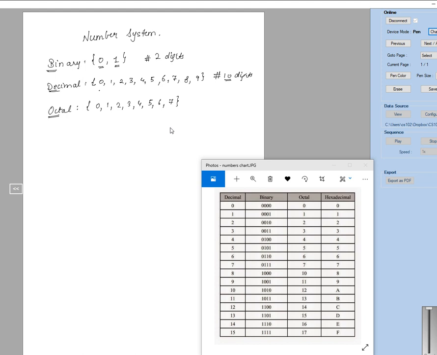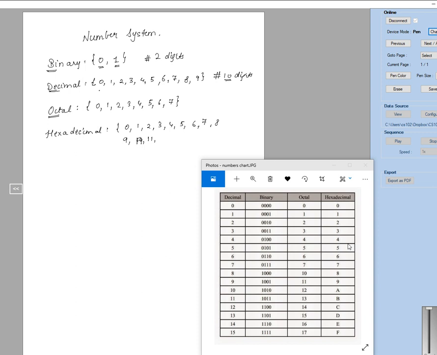And finally, we have something called hexadecimal, right? So this is kind of a strange number system. I also have the table here. You can see it goes from 0 to 9 and then A, B, C, D, E, F. So let me just write it for you. Oh, sorry. After 9, basically there is no 10 here.